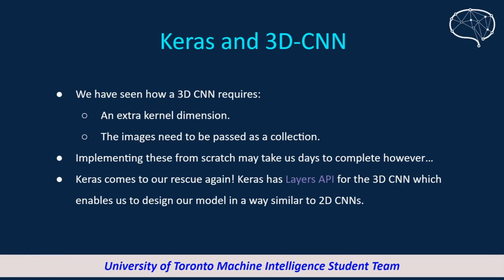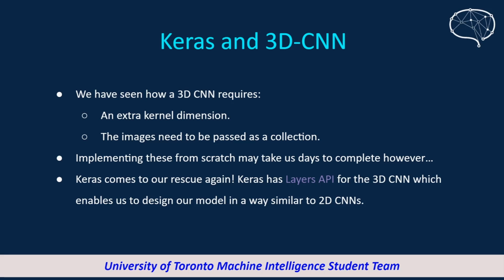We have seen how a 3D CNN requires an extra kernel dimension, and also the images now need to be passed as a collection rather than a single image. Now these are the two features that differentiate a 3D CNN from a 2D CNN, and to implement these from scratch may take us days to complete.